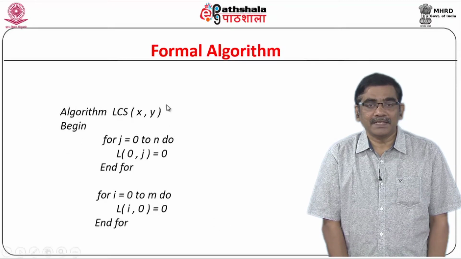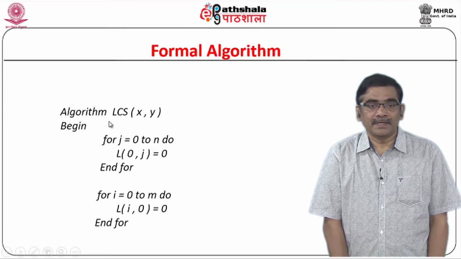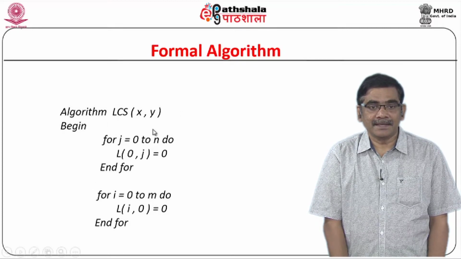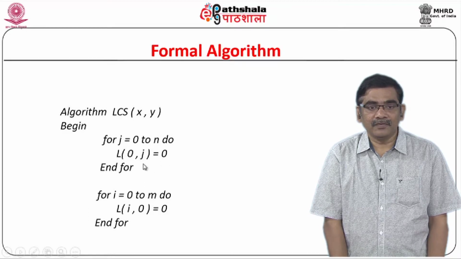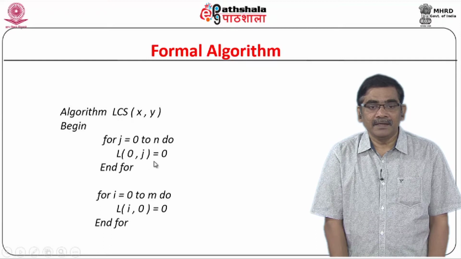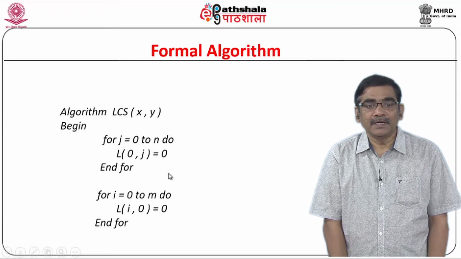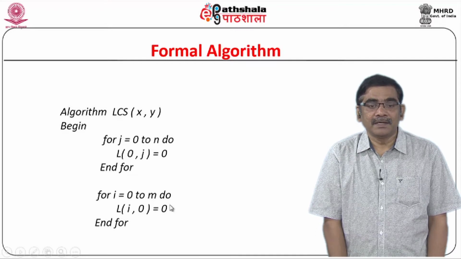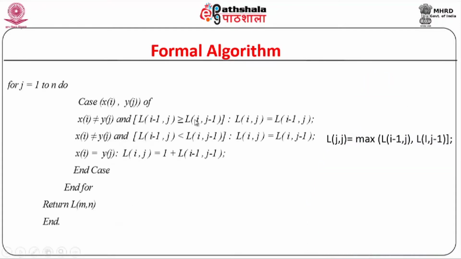Fine, we can put that into a formal algorithm like this. It is algorithm LCS, where x and y are two strings. I am going to start the loop. I initialize L of 0 comma j to 0 and L of i comma 0 equal to 0. This is to handle the empty string aspects of the string comparisons. Then this is the core part.